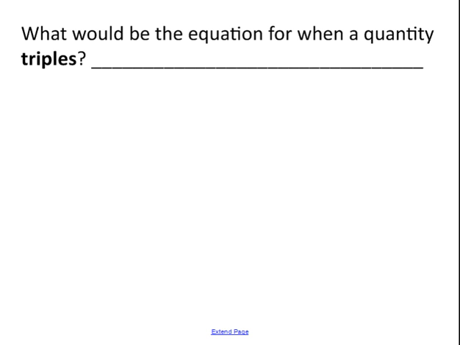What if the question says how long does it take to triple? Well, you still have your initial quantity. Instead of 2 raised to the t over k, instead of 1/2, it triples. Well, triples is 3 raised to the t over k.